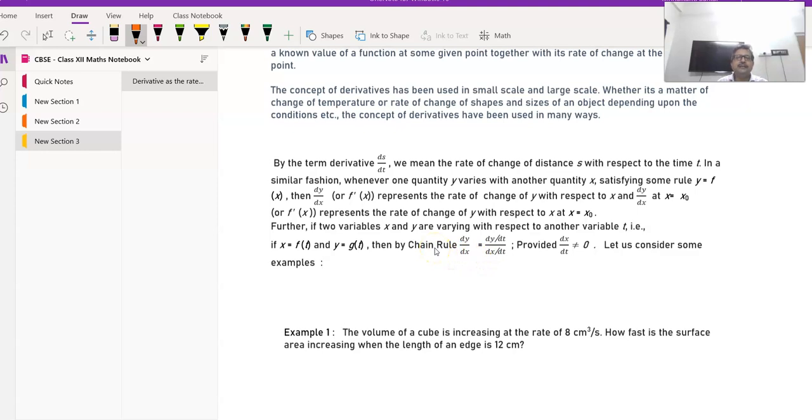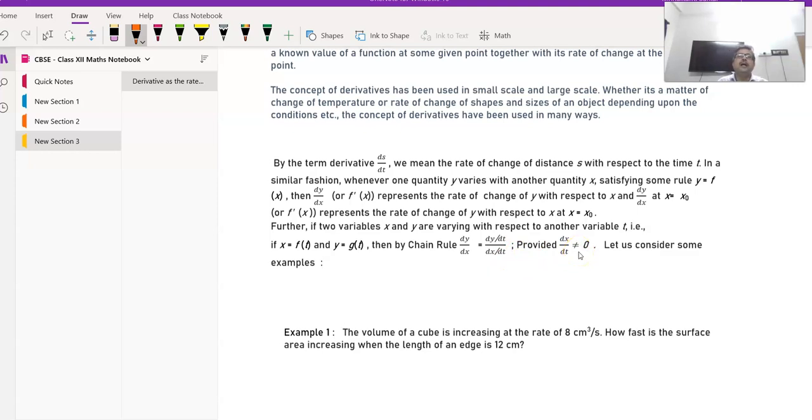If two variables x and y both depend on t, then rate of change of y with respect to x we calculate by using the formula we have already done, that dy by dx is dy by dt by dx by dt, kind of chain rule here, provided dx by dt is not equal to 0.